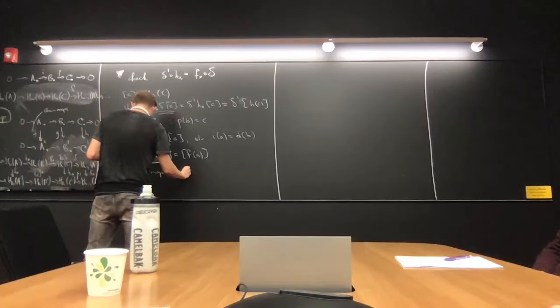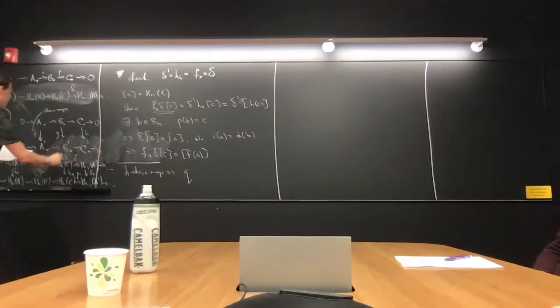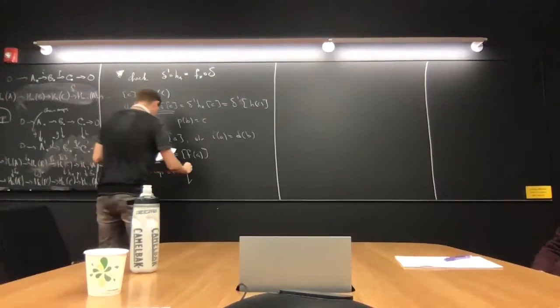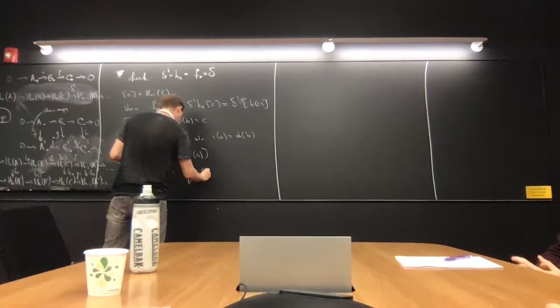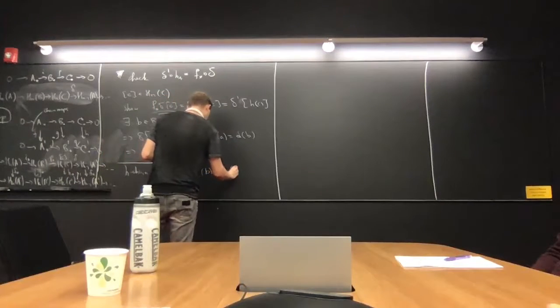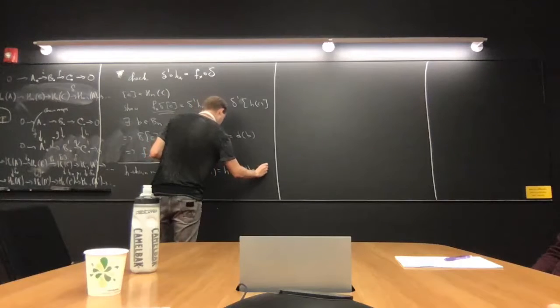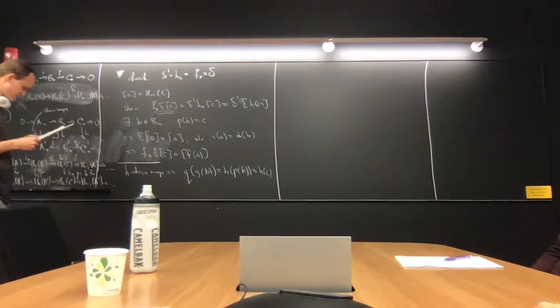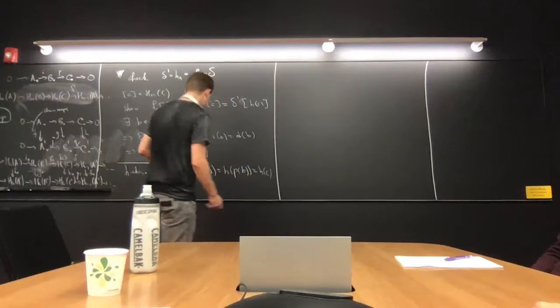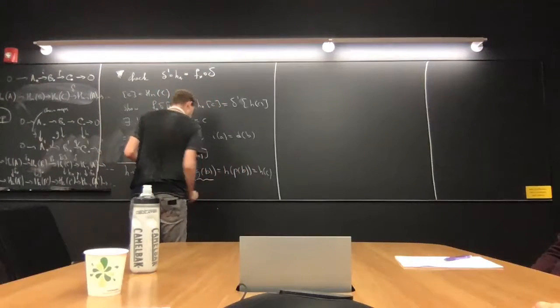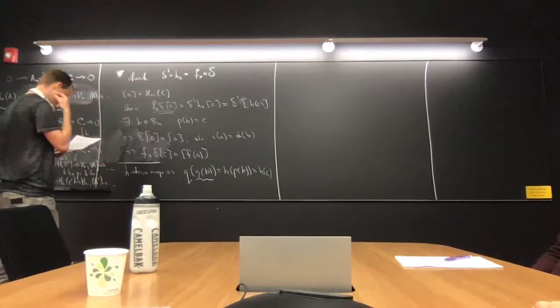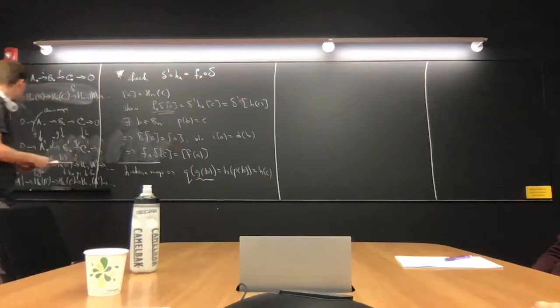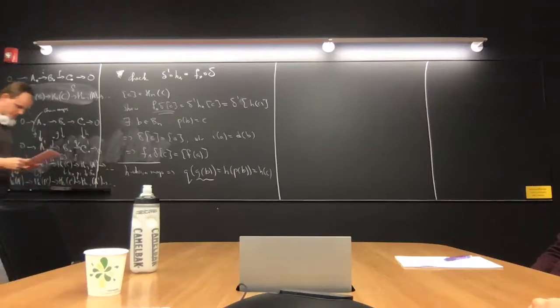Therefore, I didn't give all the names that I needed, Q and J. So Q of G of B equals H of G of B equals H of C. What this means is that we can use G of B as a pre-image of H of C, obviously, in B prime.